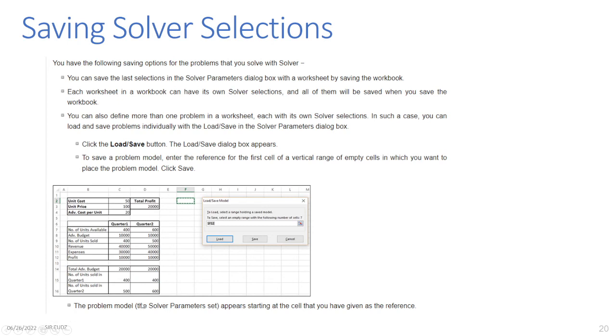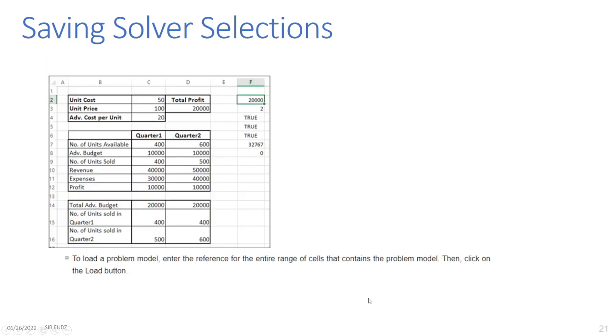So the problem model, the Solver parameter set, appears starting at the cell that you have given as the reference. These are the values that appear on these. To load the problem model, enter the reference for the entire range of cells that contains the problem model, then click on the Load button. So click on this and then click on the Load button.